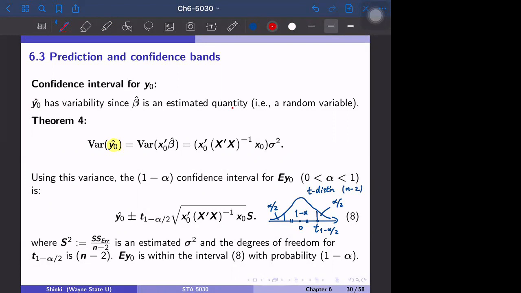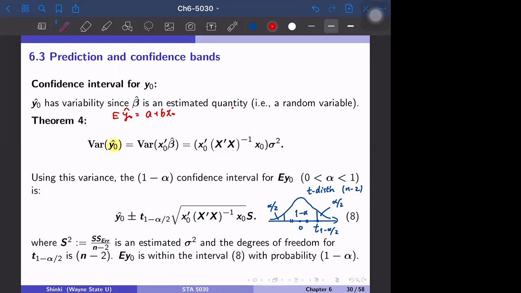So we want to see what percentage of y0 hat is in the interval. And what is the variance of y0 hat? So for y0 hat, the expectation is a plus b times x0. So that's clear.